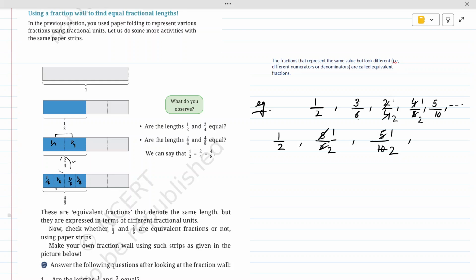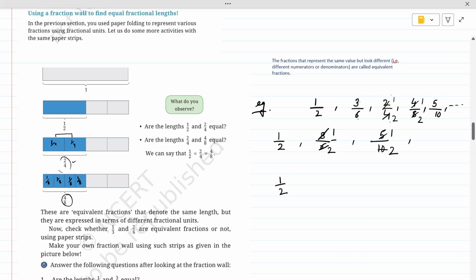Now all these portions are 1 by 8, and when we combine them together, this is 1 by 8 plus 1 by 8 plus 1 by 8 plus 1 by 8 equal to 4 by 8. So you see that the same strip of paper which is in blue can be represented by 3 different fractions.